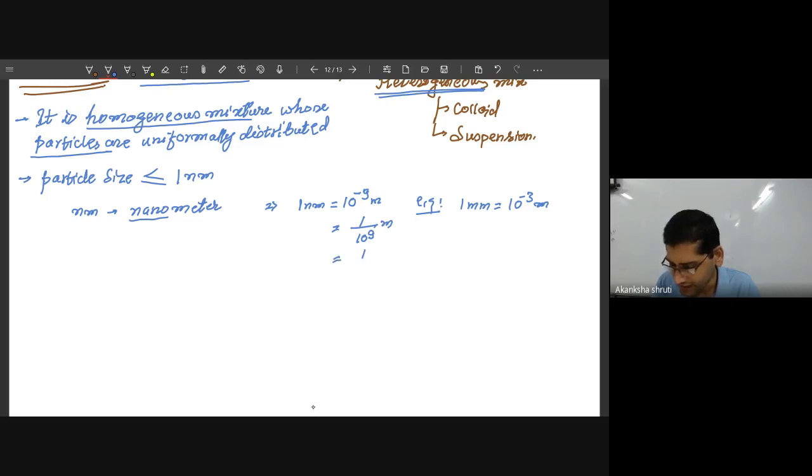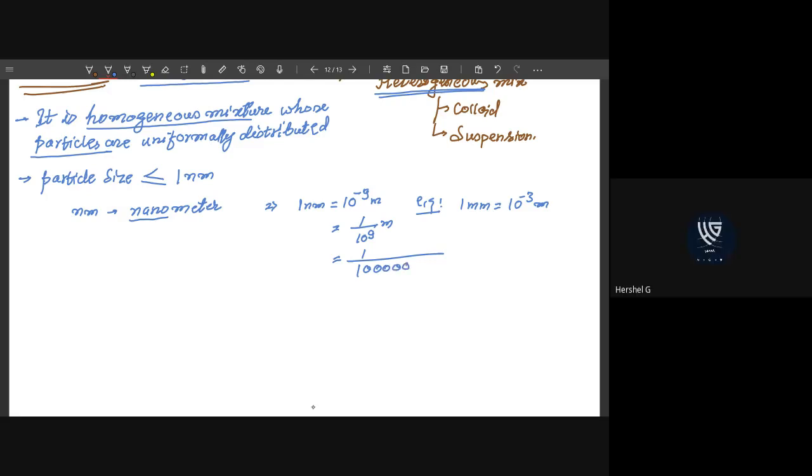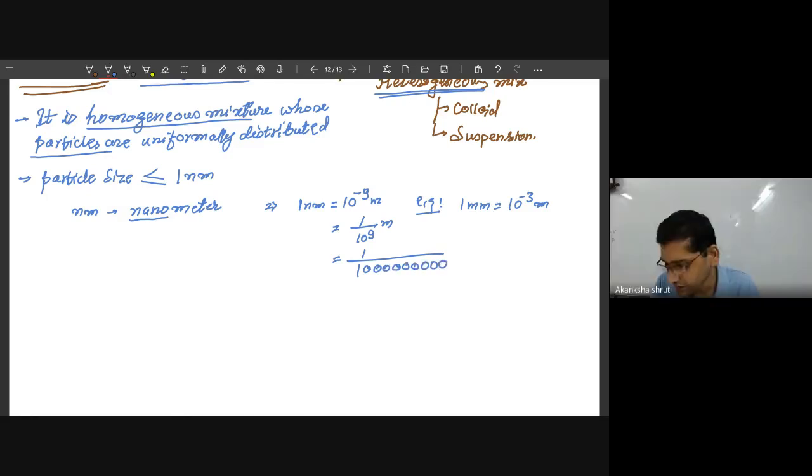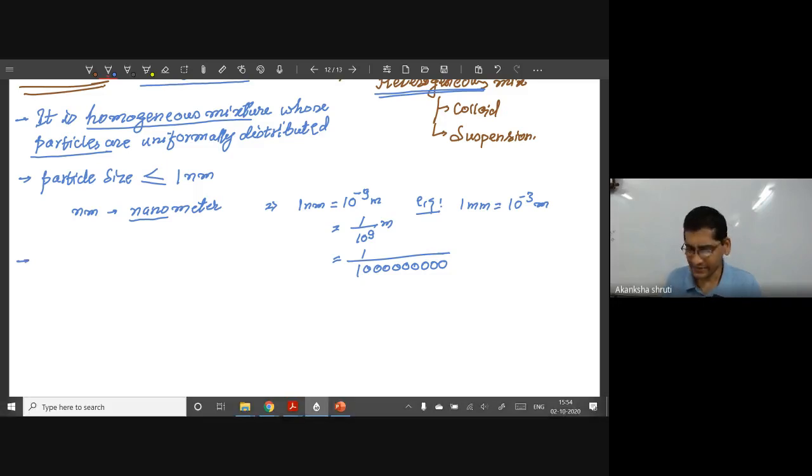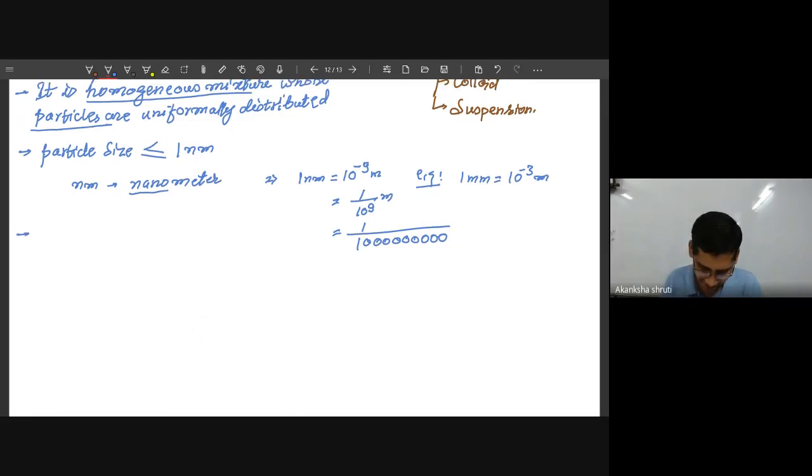Or if you want to realize, you can say over 1 you will have to put nine zeros. So this way you have to understand. It means particle size is very small. Particle size means the diameter of the particle is very small. Because of this small size, it is not visible with our naked eyes.